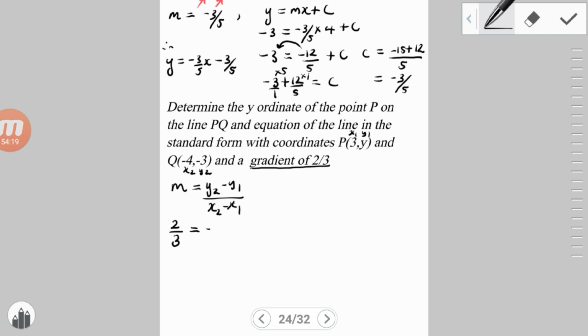y2 is minus 3, and that's going to be y1 is y, so y1 is missing, and so x2 is negative 4, and that's going to take away x1, which is 3.